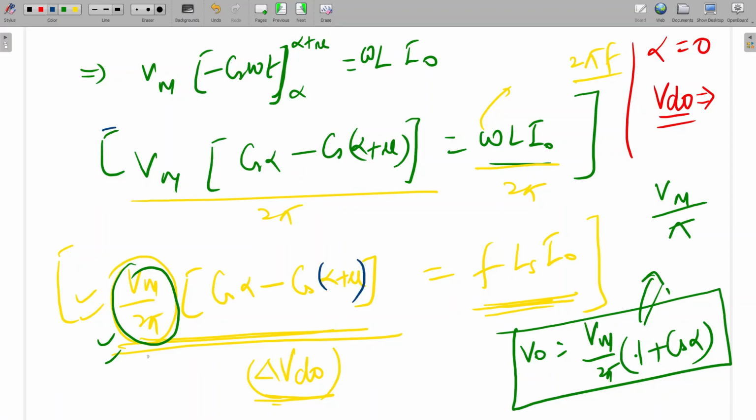This is called the reduction in voltage due to the overlapping, which is equal to f Ls I naught. f is the supply frequency, Ls is the source inductance, and I naught is the average output load current. We will consider ripple free current only. All the analysis will consider ripple free only; without it, the analysis of the source inductance is not possible.